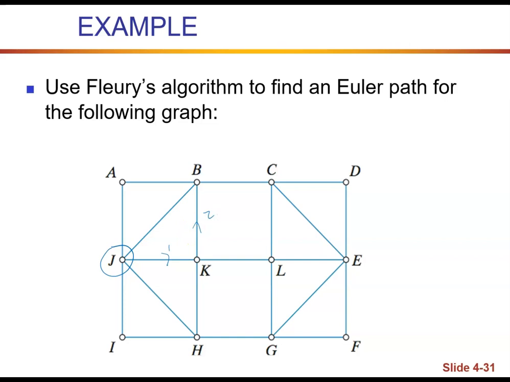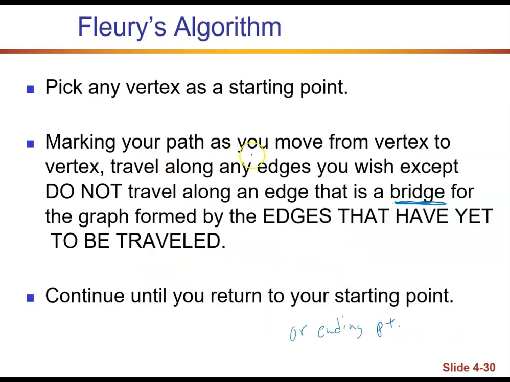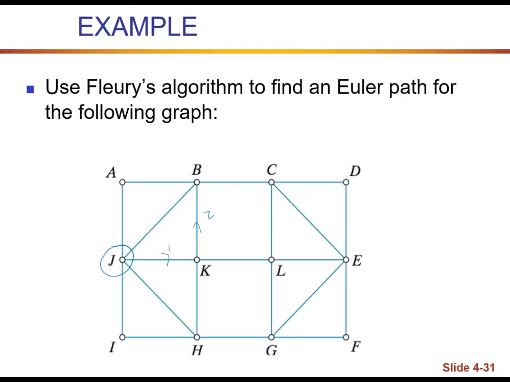It doesn't have to be the same as mine, but I'd like you to try this one. See if following this guideline here, marking your path, as long as you do not travel along an edge that is a bridge for the graph formed by the edges that have not yet been traveled, helps you as you go along. It just takes practice too. So pause the video, try this, and then come back and check your answers with mine.